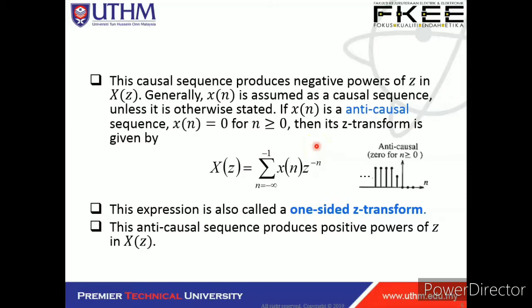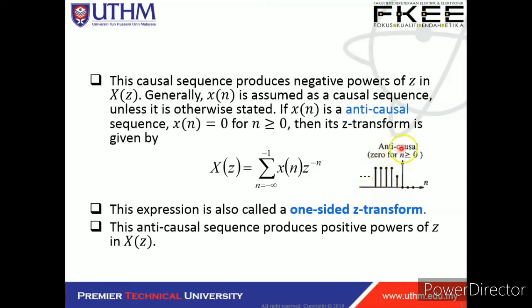So what is the difference of the anti-causal signal? We can see here for the anti-causal, the value of xn is equal to 0 for n larger than or equal to 0. So at n equals to 0 and larger than 0, which is the positive side, the value will always be 0, and we have values at the negative side.